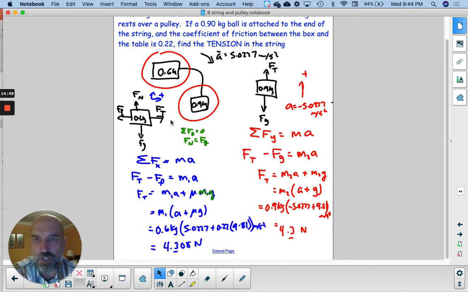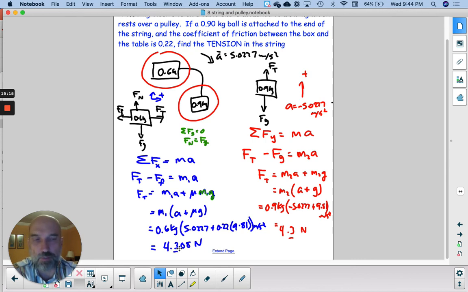We've got tension and friction going against it. So force of tension minus the force of friction, and that's going to equal mass times acceleration. And so rearranging, tension's going to be mass times acceleration plus mu times the normal force, which is going to be the force mg. And we get the same answer. So either way, you should get the same answer.